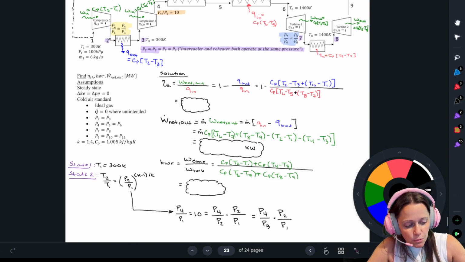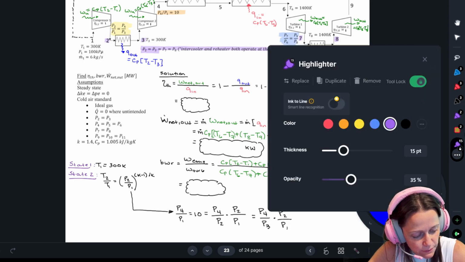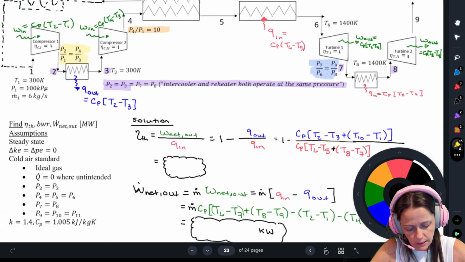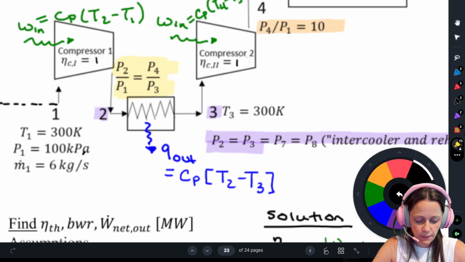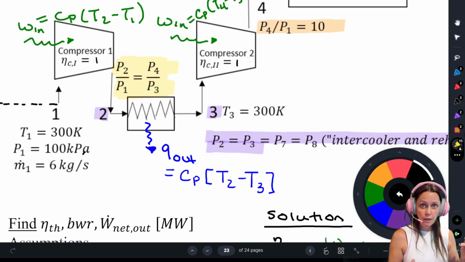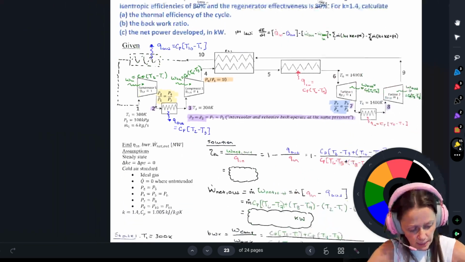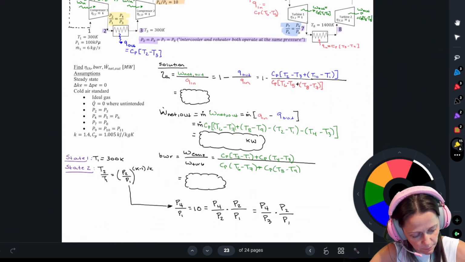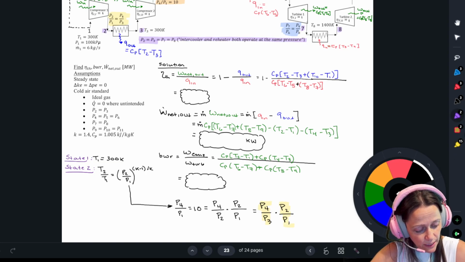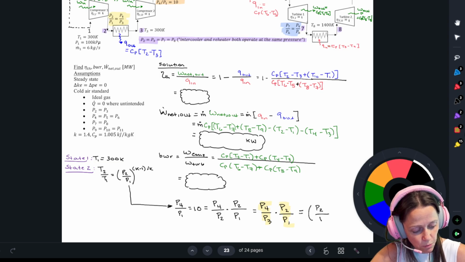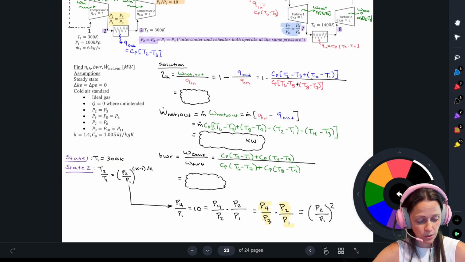And then the other little piece of information I have is that the pressure ratios P2 over P1 and P4 over P3 are both the same. So this guy and this guy are exactly the same, and I can rewrite this as P2 over P1 squared.